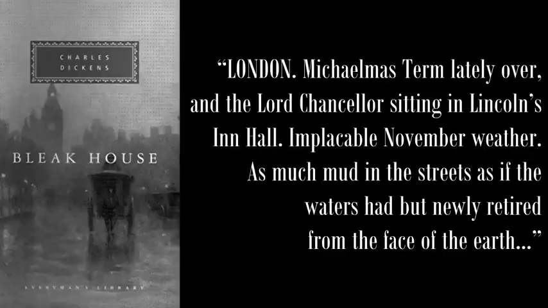London, Michaelmas term lately over, and the Lord Chancellor sitting in Lincoln's Inn Hall. Implacable November weather, as much mud in the streets as if the waters had but newly retired from the face of the earth.